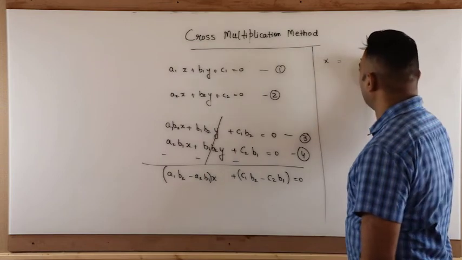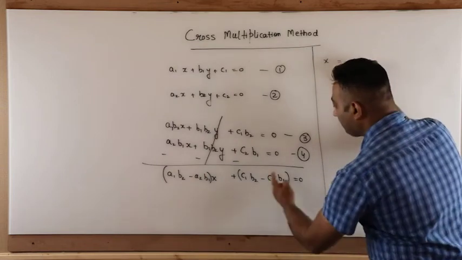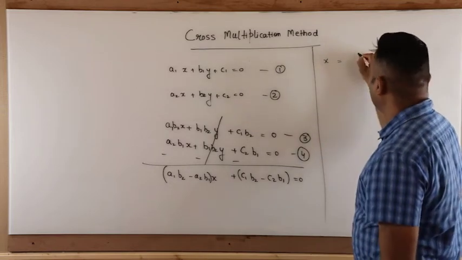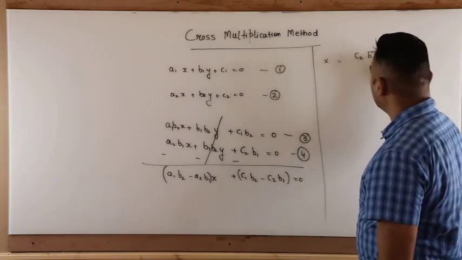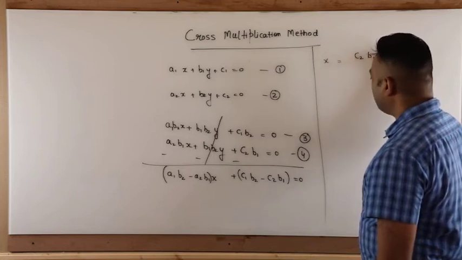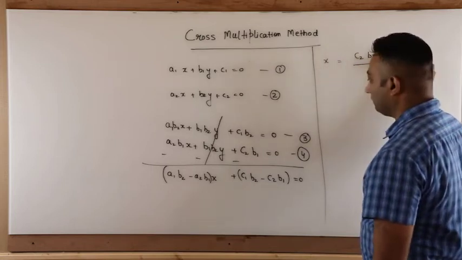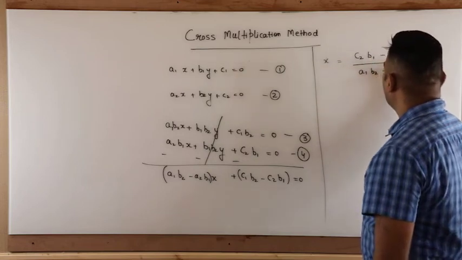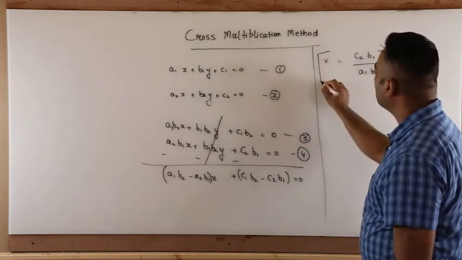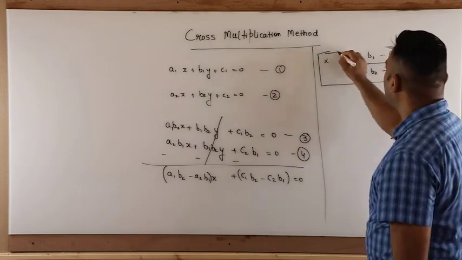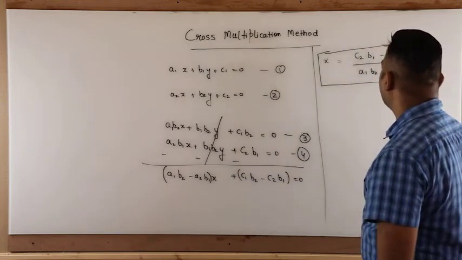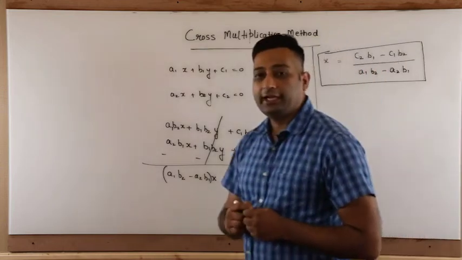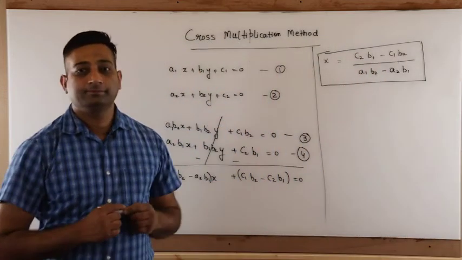X is equal to minus, when we transpose this to the right hand side, we take minus common and the terms will look like this: C2 B1 minus C1 B2 upon A1 B2 minus A2 B1. So we got x as C2 B1 minus C1 B2 upon A1 B2 minus A2 B1.